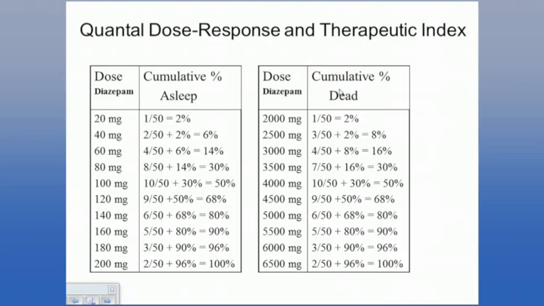And in this particular example, you see that 50% of the rats died when the dose of Valium was 4,000 milligrams. So the wanted effect was seen at 100 milligrams of Valium. The lethal dose was seen at 4,000 milligrams. So very wide disparity between the effective dose and the lethal dose.